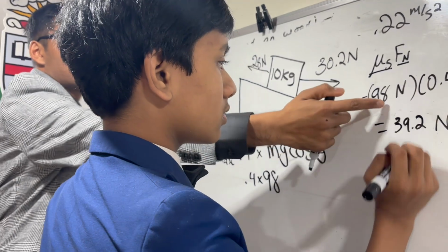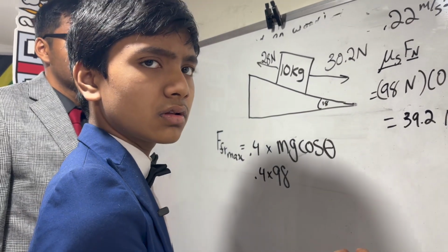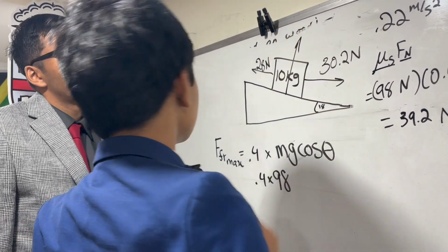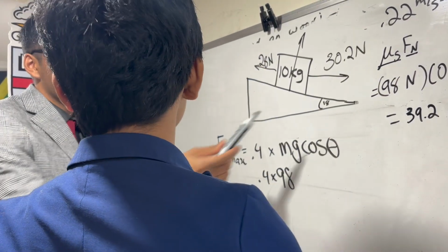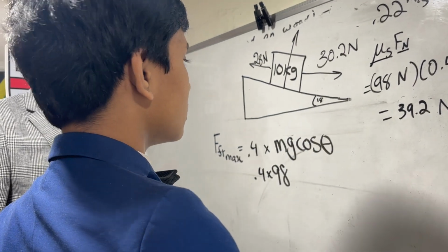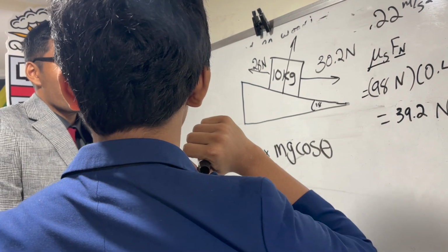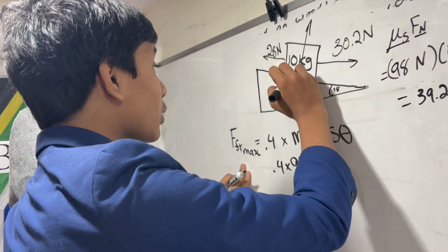Wait, why is Fn 98? Fn is 98 cosine. No, Fn is 98. The magnitude of Fn does not depend on the angle. It does. Fn is perpendicular, Fg perpendicular.